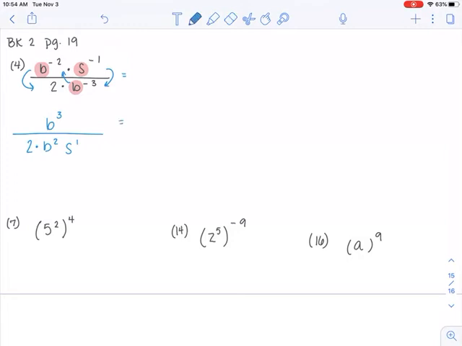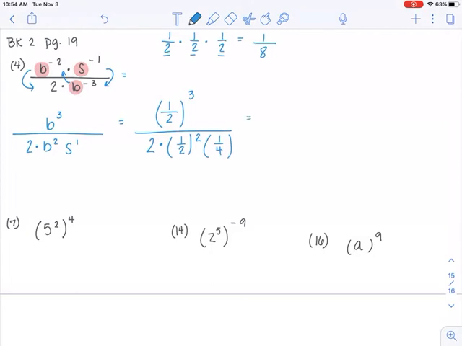So now B cubed, B is 1/2. 2 times, again, B is 1/2. And S is 1/4. Alright, so 1/2 cubed is 1/2 times 1/2 times 1/2. 2 times 2 is 4. 4 times 2 is 8.